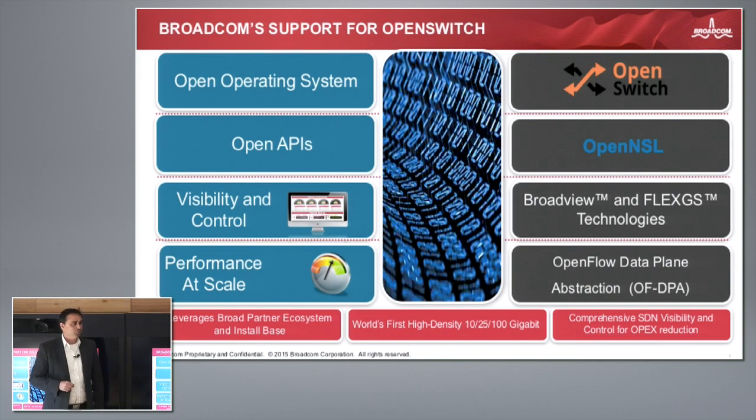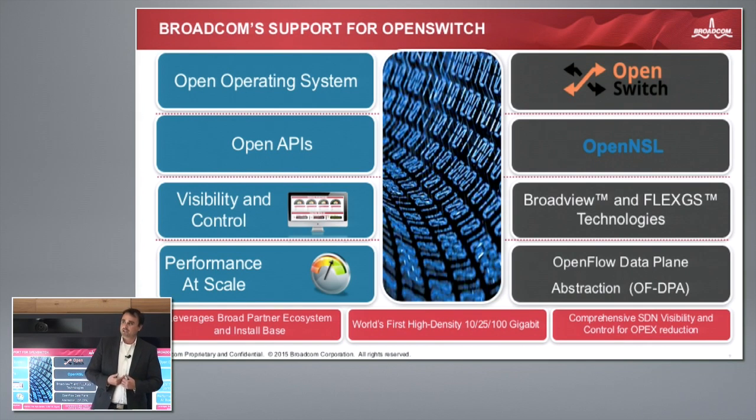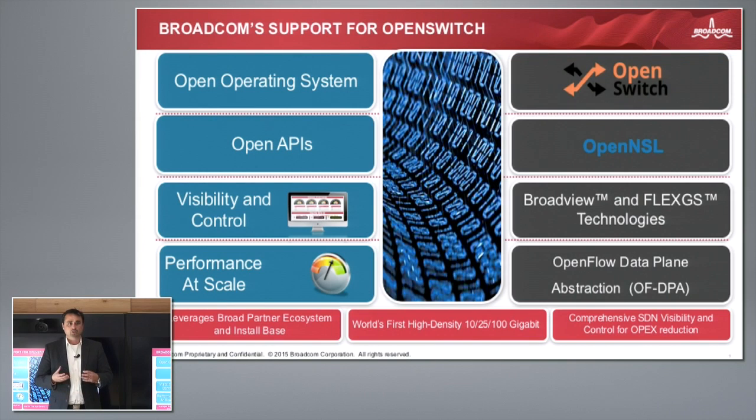I think some of the people in the room here helped invent OpenFlow, and Broadcom definitely took this seriously. And today we have software that enables a lot of our ecosystem partners and our customers to take existing silicon already deployed in the data center and in the service provider markets and use it with OpenFlow.